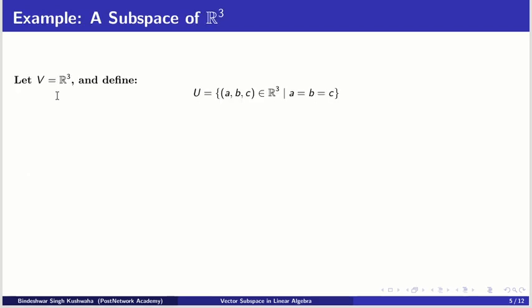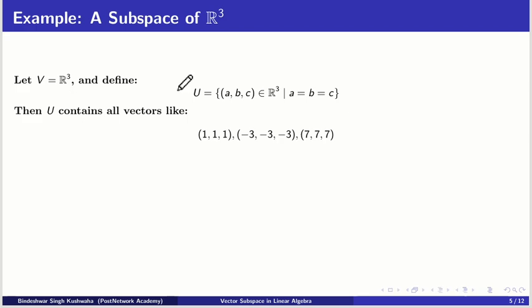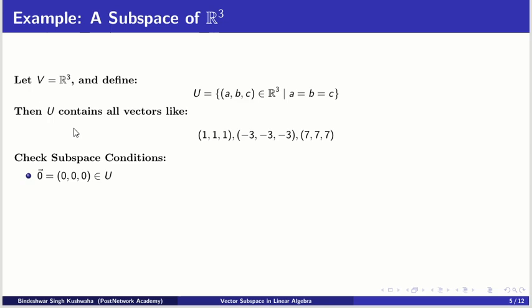Now let us see an interesting example of a subspace of R^3. The subspace U is defined as the collection of vectors in R^3 where all elements of the vector are equal. So what kind of vectors will we have? (1, 1, 1), (-3, -3, -3), or (7, 7, 7). We need to satisfy these three properties.